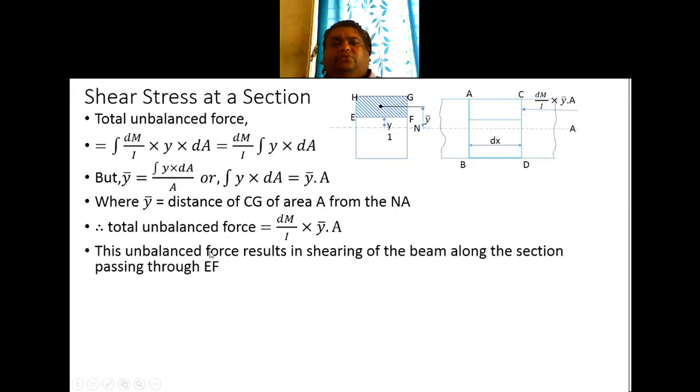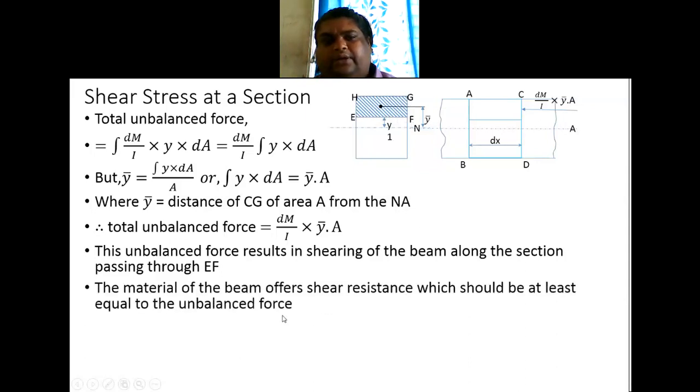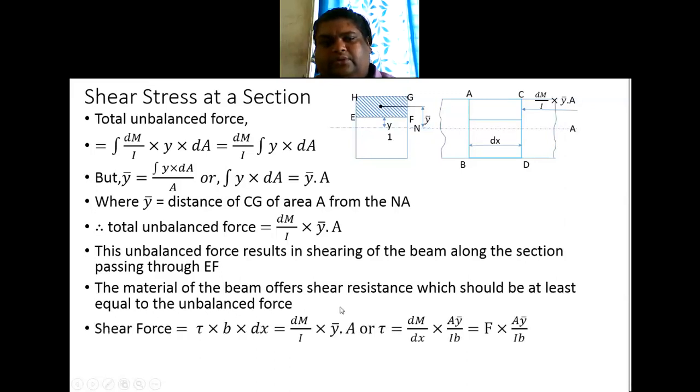Now this unbalanced force results in shearing of the beam along the section passing through EF. That is, along this section the beam will shear, right? The material of the beam offers shear resistance which should be at least equal to the unbalanced force, right? The shear force is equal to tau into b into dx, right?